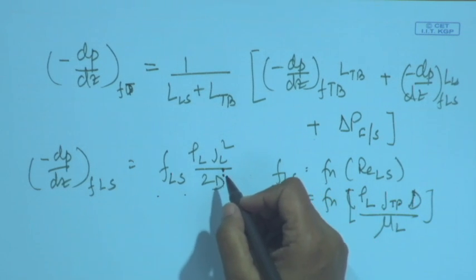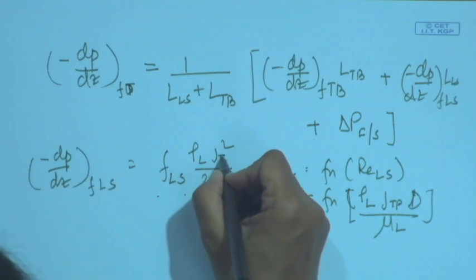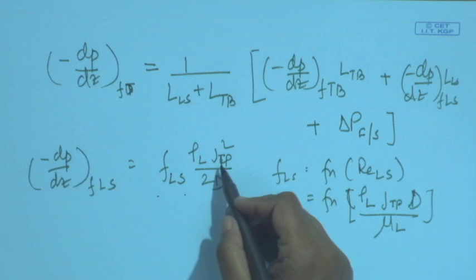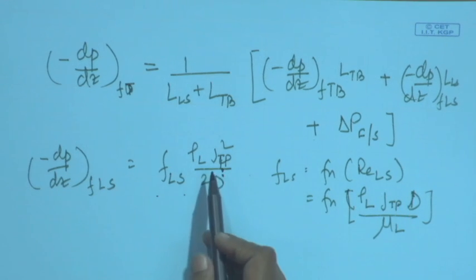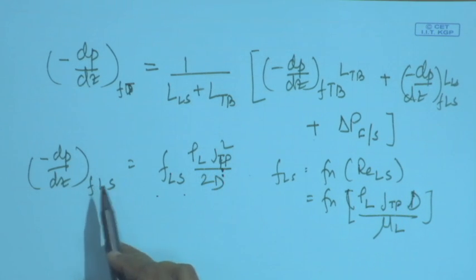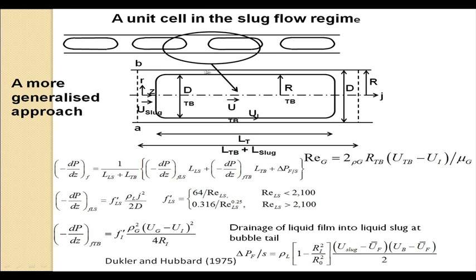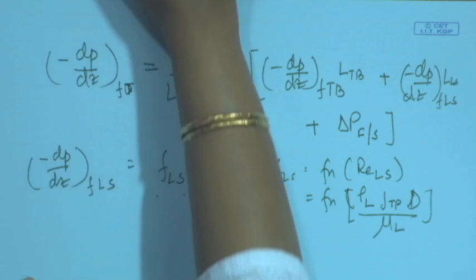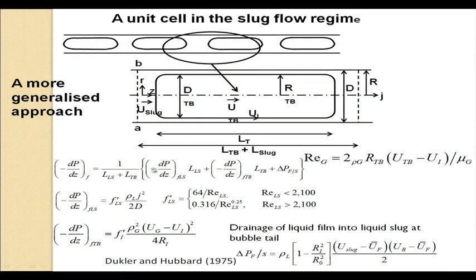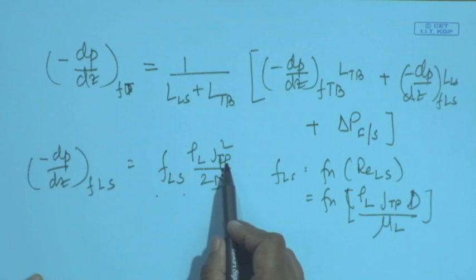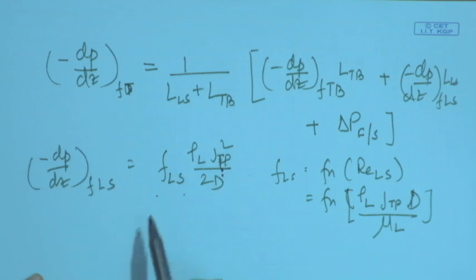So, sorry, I made a mistake, this should have been actually J_TP square, because remember one thing, in the liquid slug region, the liquid is flowing over the entire cross section, therefore, it is flowing at the total mixture velocity in this particular case. So, in the slide I have represented it as J, but J in this case means the two phase volumetric flux. More specifically, I can refer to it as J_TP.